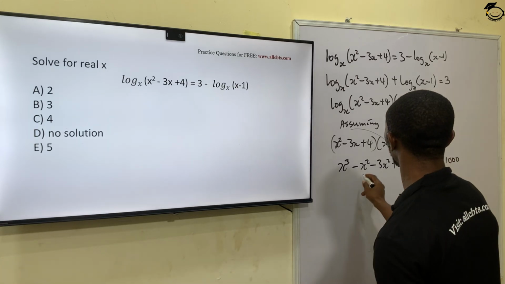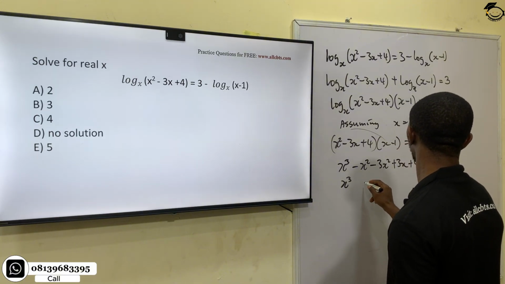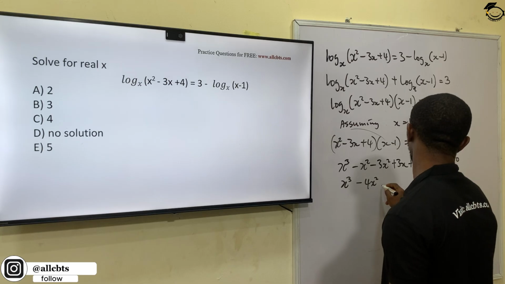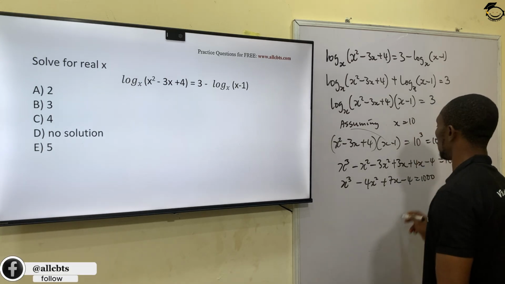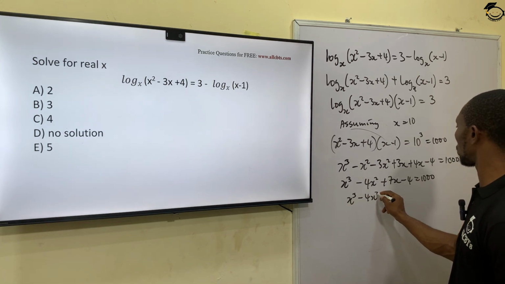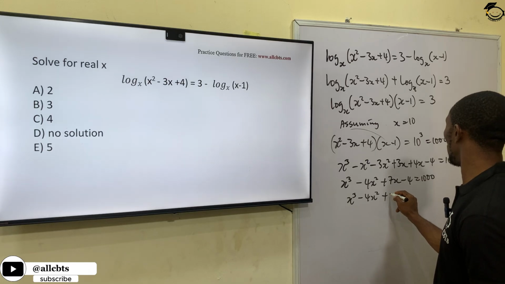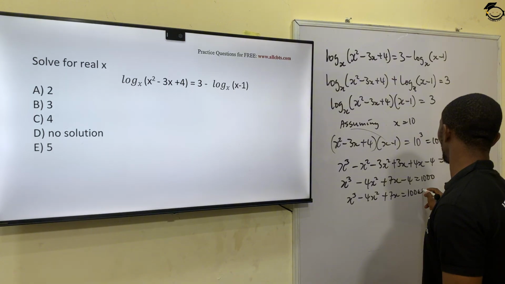So collecting terms, we have x cubed minus 4x squared plus 7x minus 4 equals 1,000. So from here, we have x cubed minus 4x squared plus 7x equals 1,004.